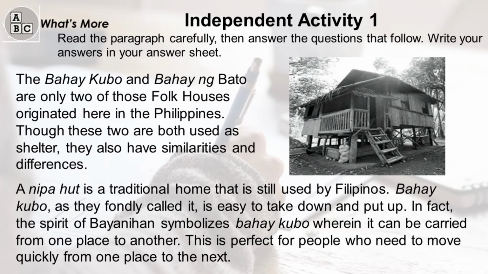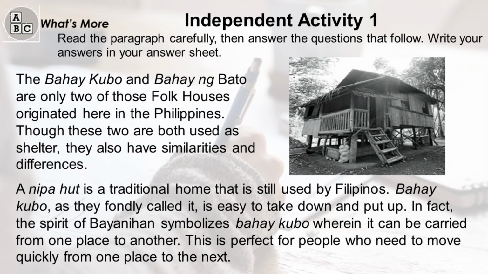Independent Activity 1. Read the paragraph carefully, then answer the questions that follow. Write your answers in your answer sheet. The bahay kubo and bahay bato are only 2 of those folk houses originated here in the Philippines. Though these 2 are both used as shelter, they also have similarities and differences.